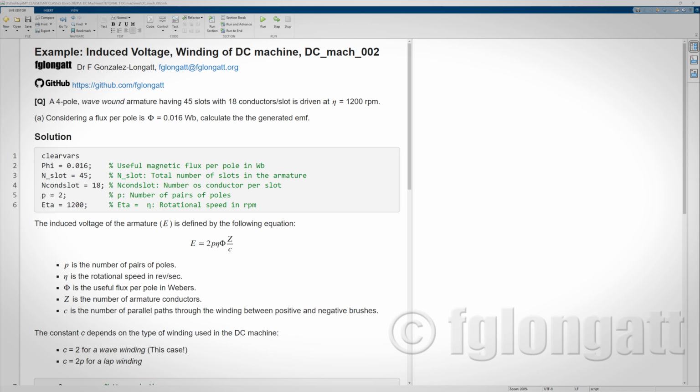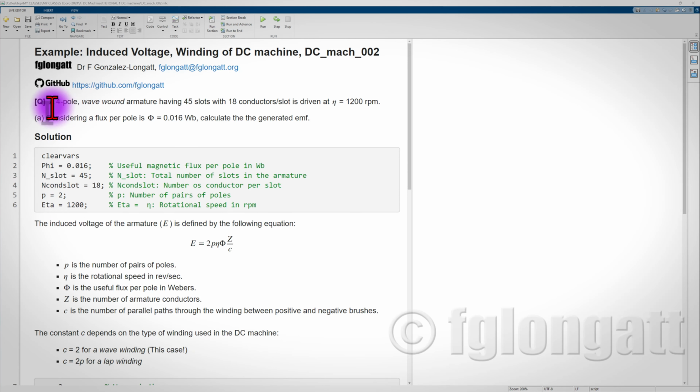The induced voltage in the armature of the DC generator is extremely important. So today I decided to dedicate this video to calculations regarding this induced voltage.